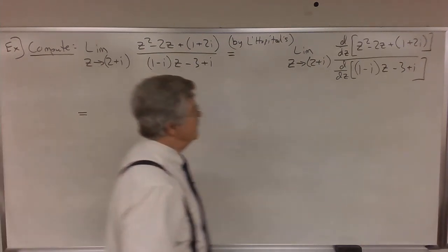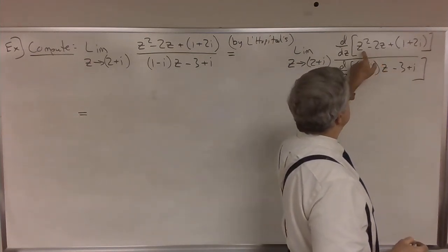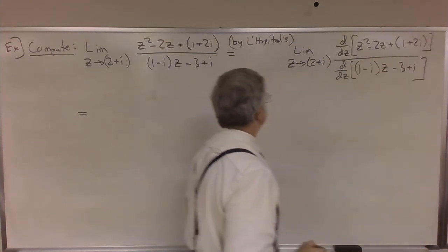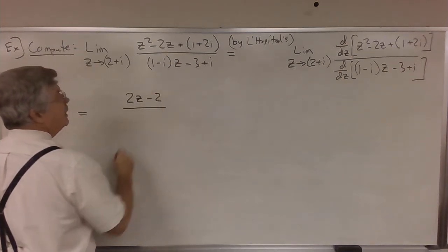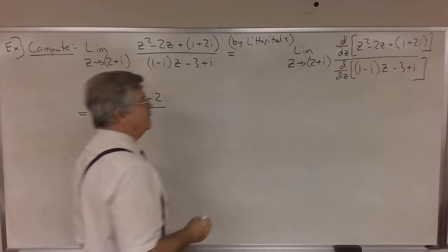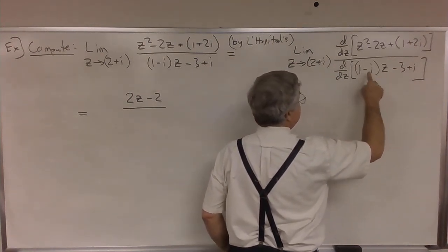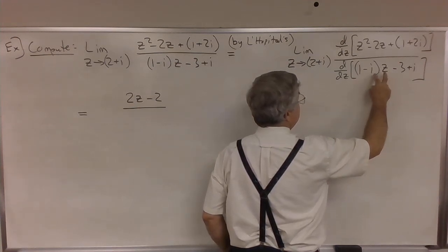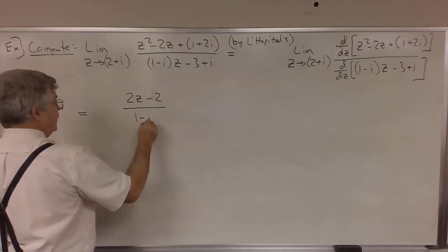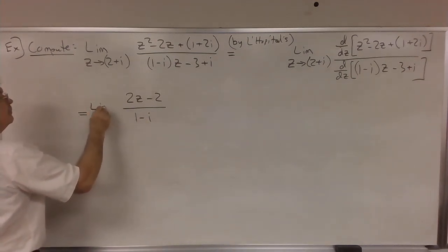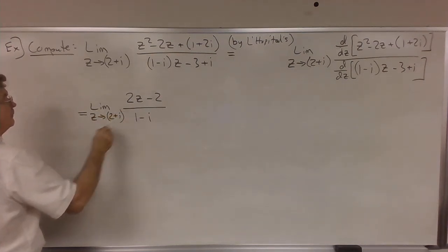So let's see. Remember, this is a constant. Its derivative will be 0. So the derivative of the top is 2z minus 2. And the derivative of the bottom, this is a constant. Its derivative is 0. This is just a constant times z. So the derivative will just be the constant, 1 minus i. And we're still computing the limit as z approaches 2 plus i.